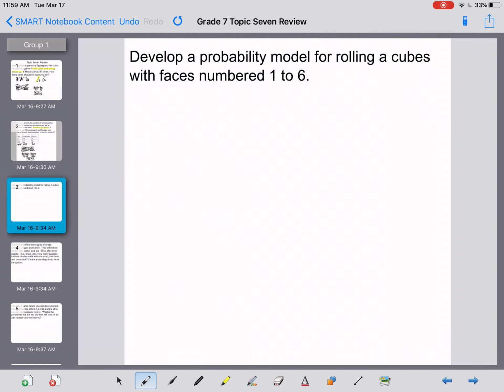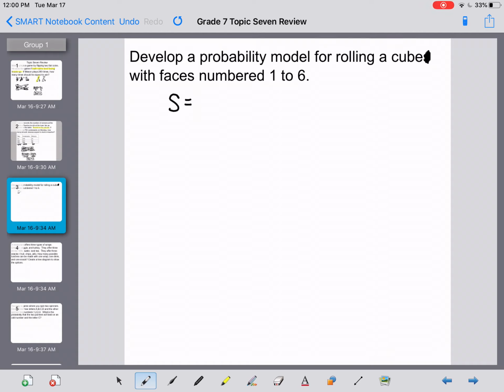Develop a probability model for rolling a cube with faces numbered 1 to 6. Take a second to copy down the question. A probability model has two things. The first thing is the sample space.